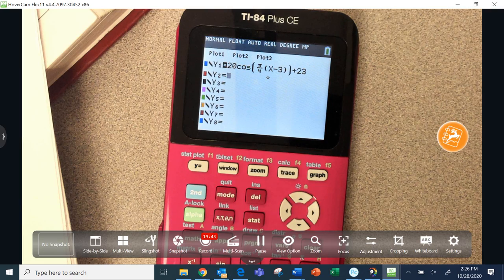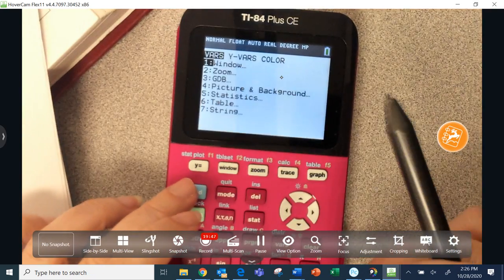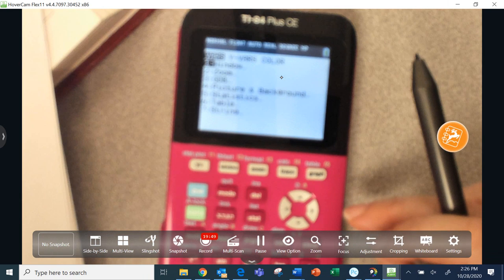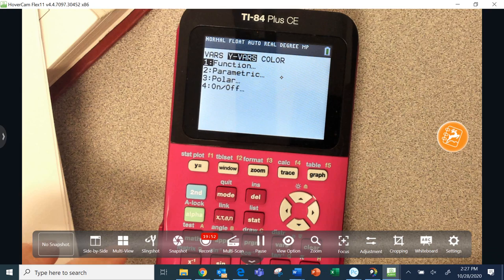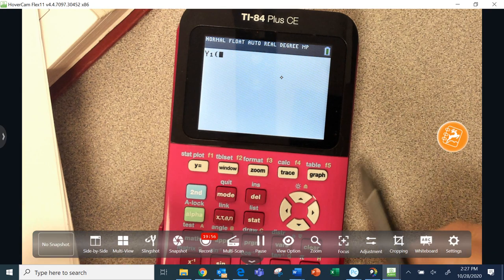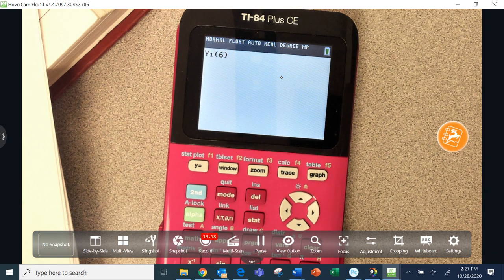I'm going to use the vars and go get y1. And my first, at time 6, what is the distance?